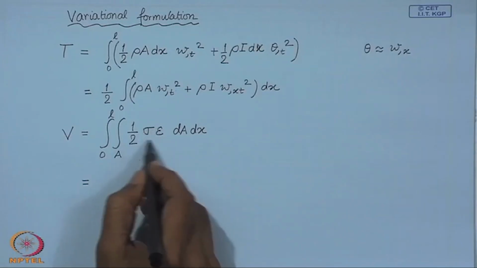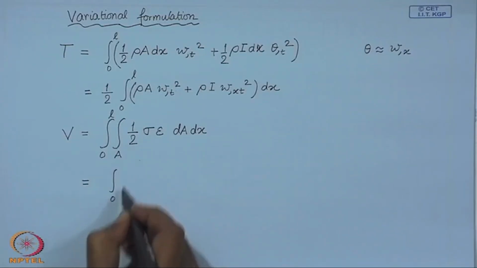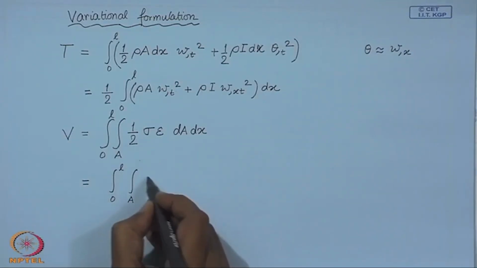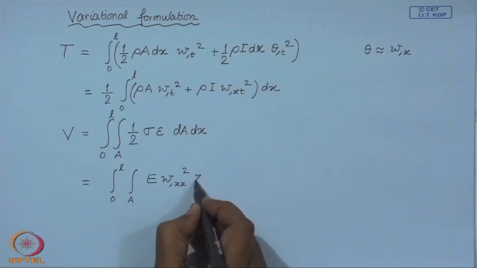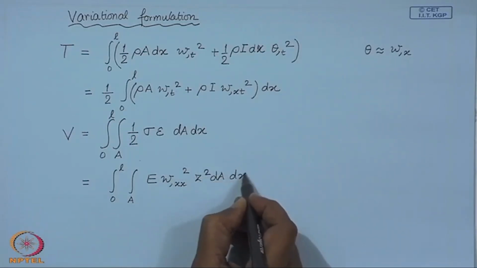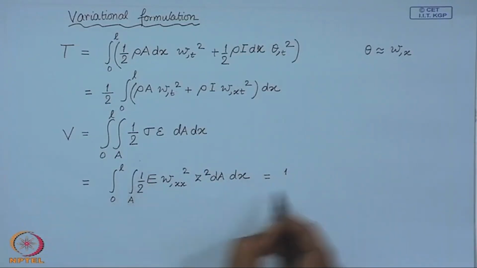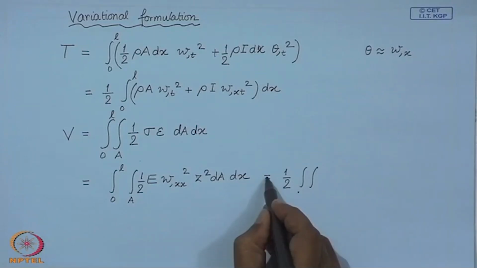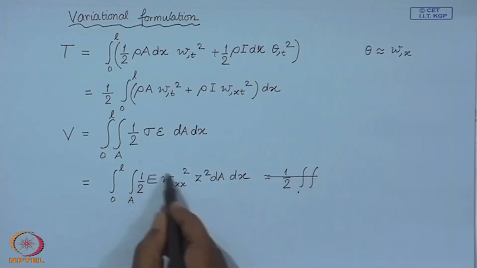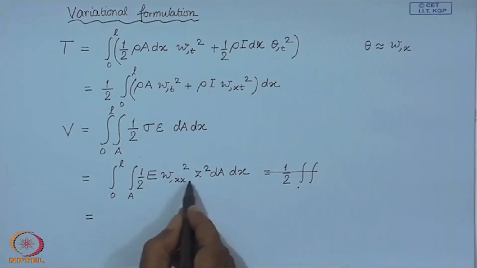Now, if you insert the expressions of stress and strain in this expression, then this is what you are going to get, and there is of course this 1/2. So, this Young's modulus and the curvature squared will have nothing to do with this area integral. So, they can come out, and what we have is z squared dA integrated over the area, and that we already know.